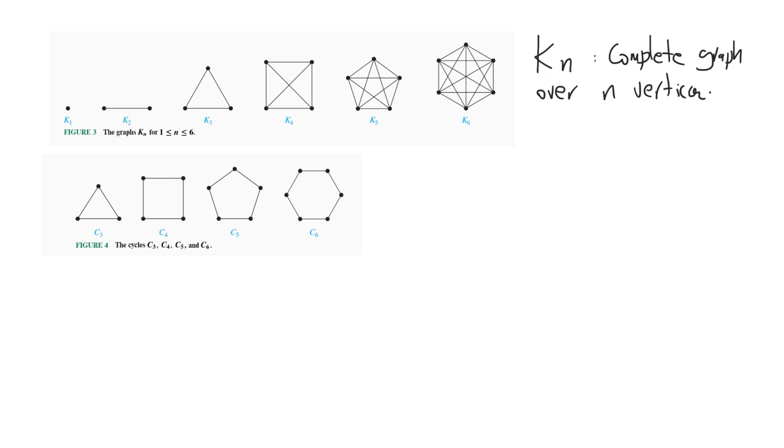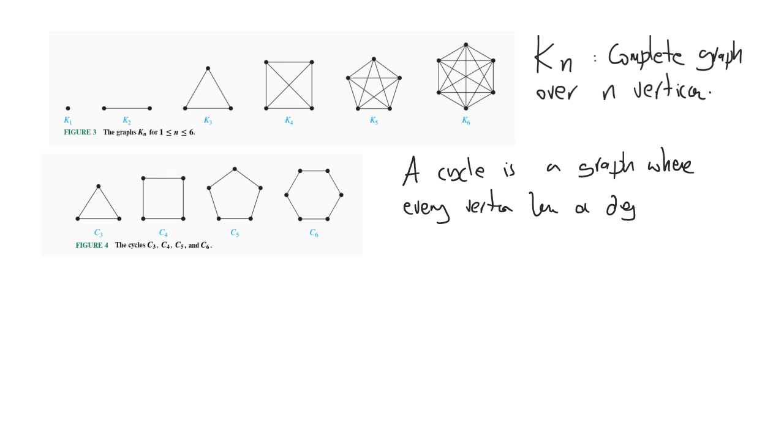A cycle is a graph where, I should also say here, it is a connected graph, because otherwise it can be two separate pieces.